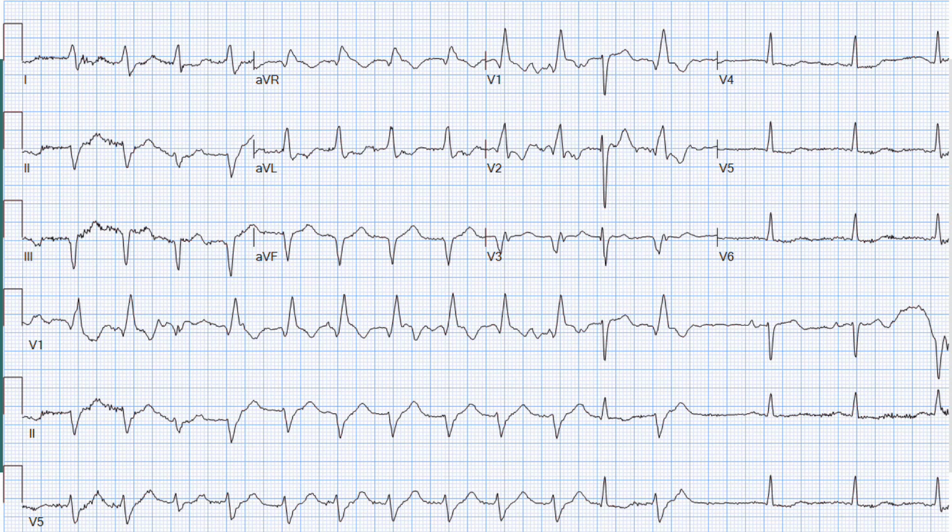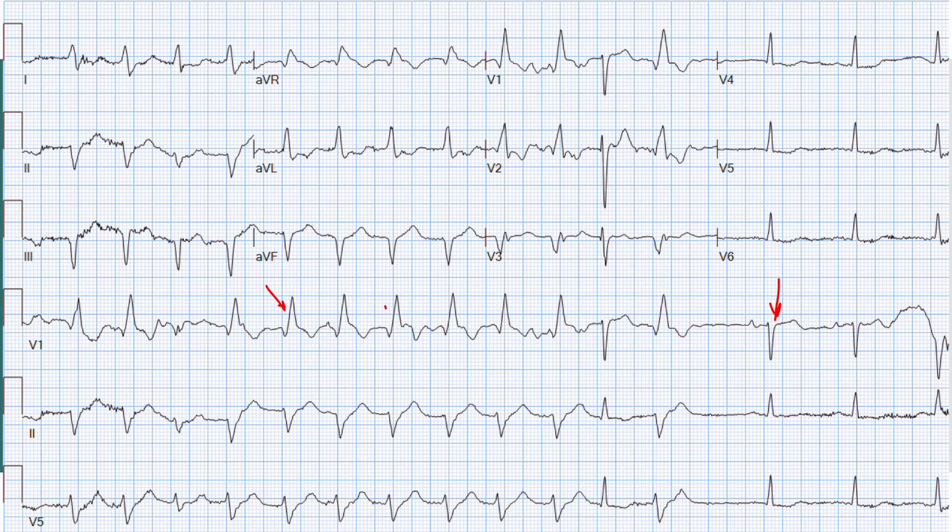But if you wanted to practice using the QRS morphology, we certainly have the baseline QRS, and it looks nice and narrow. So there's no baseline bundle branch block, but we know that sometimes bundle branch blocks can come on when the heart rate accelerates, the rate-related bundles. Looking at V1, the morphology is positive, so we think of a right bundle branch type morphology. The QRS is a little bit unusual for a bundle, though.